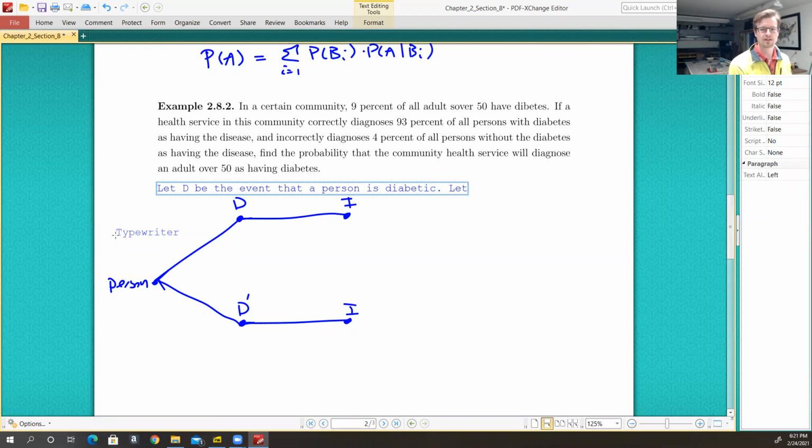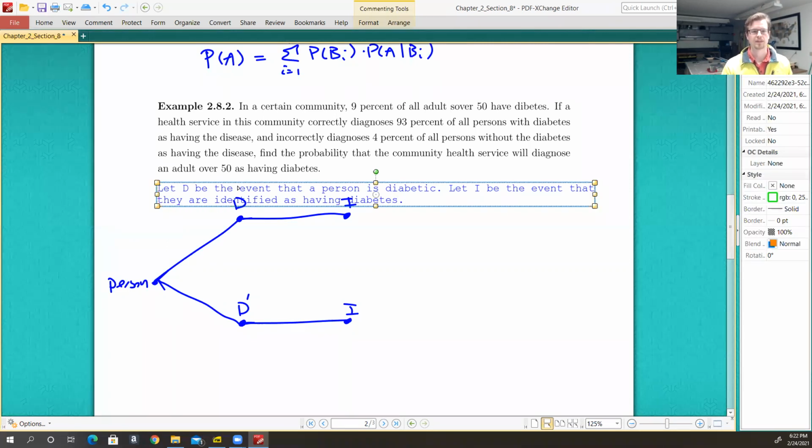And let I be the event that they are diagnosed or identified as having diabetes.